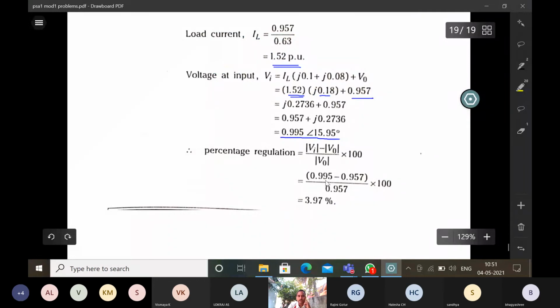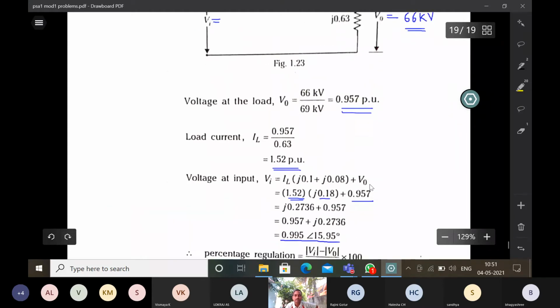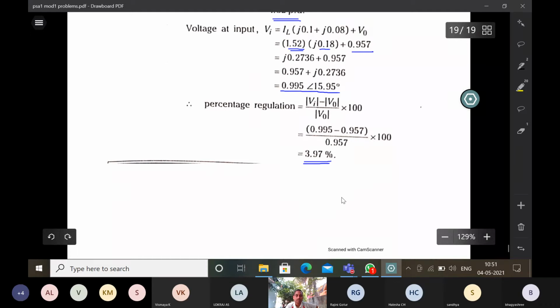So Vi is 0.995, the sending end voltage, minus V0 0.957, divided by 0.957 into 100. You will get 3.97%. This is the percentage voltage regulation.